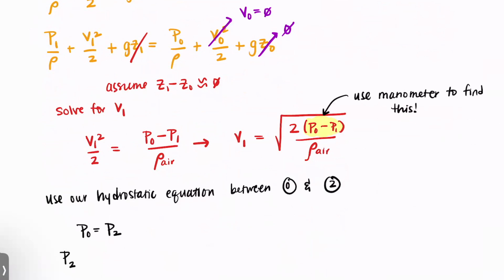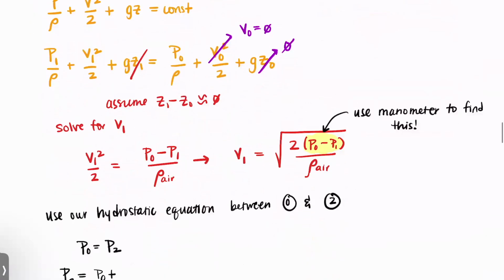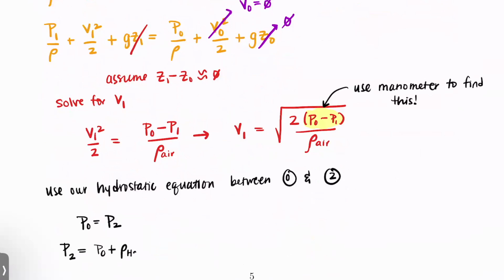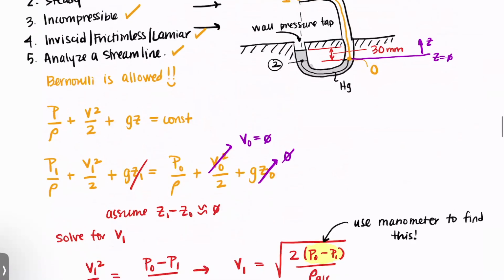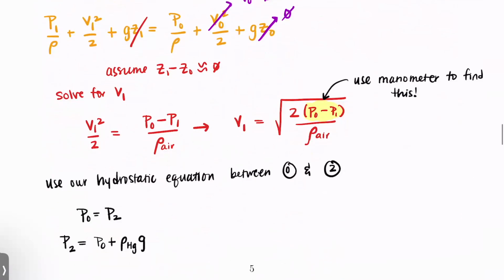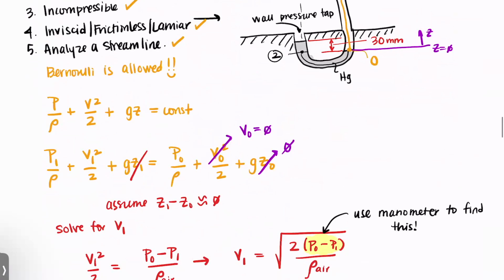So P2 is equal to P0 plus density of mercury times G times H, and our H is this 30 millimeters. Right?